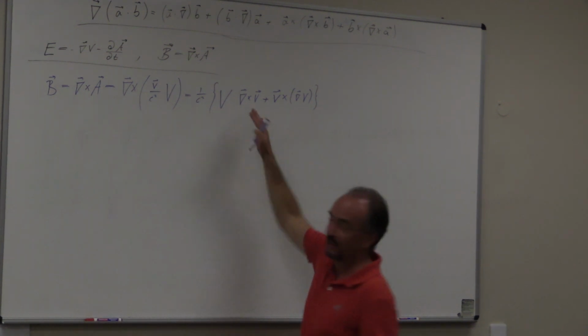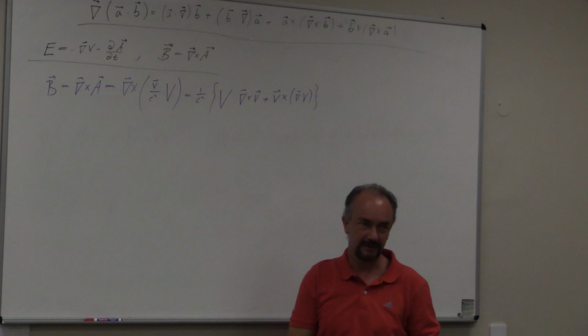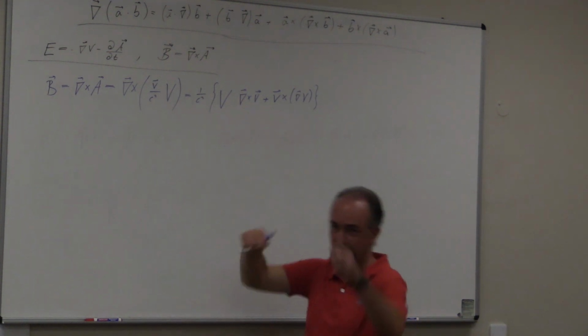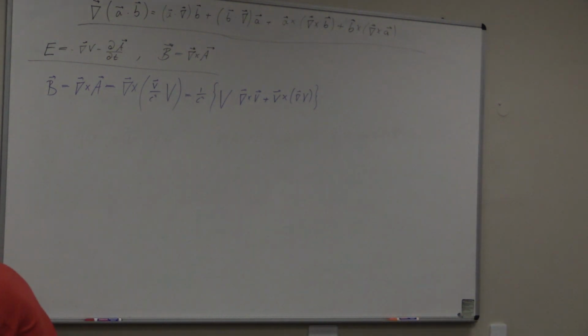Curl of V we have calculated as well. That gave us something like E cross A cross gradient of TR.